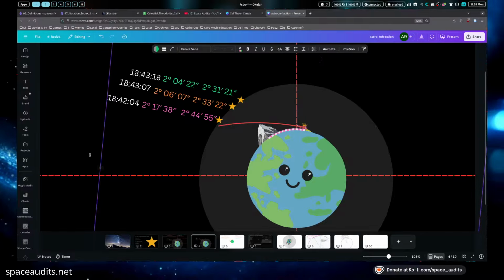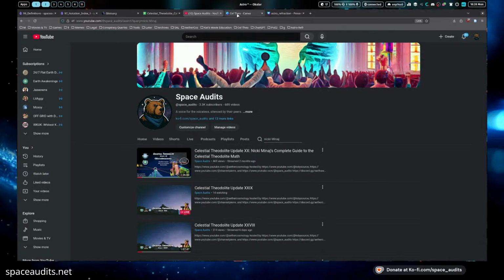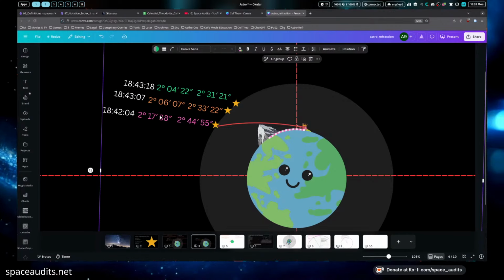So as the geometric intersection for the star at this time to be lined up with what the globe geometrically predicts for the peak, the 217 here, which corresponds to this time. So at this exact time, at 6:42:04, this star was geometrically aligned with what the globe predicts as a physical elevation for this mountain peak and for this observer to the star.